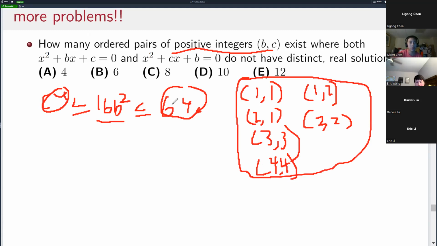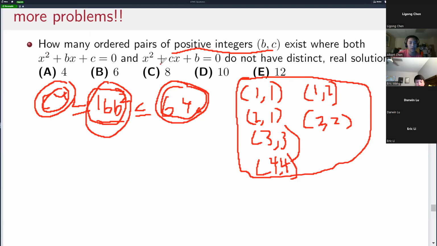Exponentially, this grows faster than this. We don't really have any more solutions, and therefore the answer is B, 6. So that's how you do this problem. Let's move on to the next one.